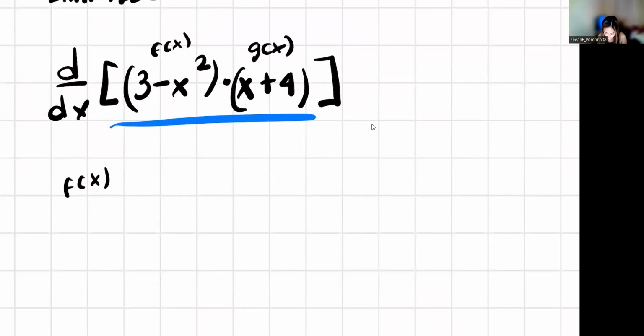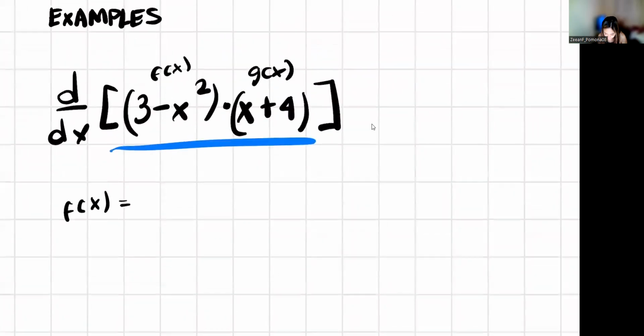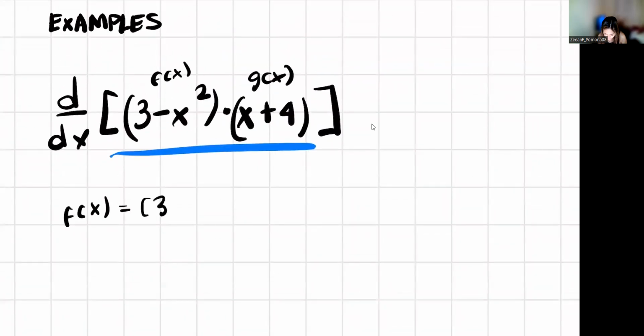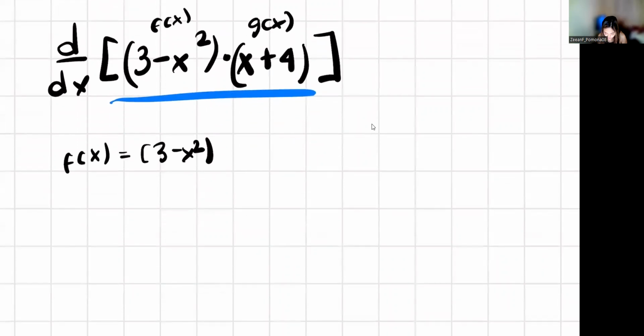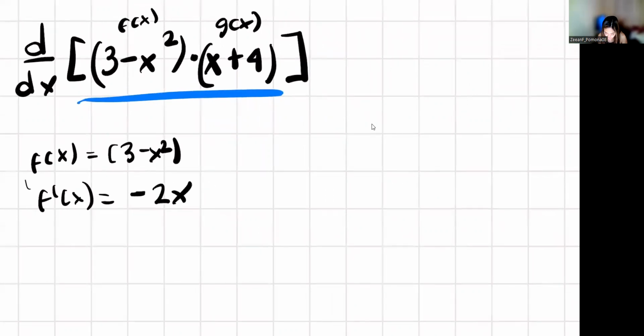Okay, so you'd find f of x, and that would be 3 minus x squared. And then f prime of x is negative 2x. And then g of x is x plus 4, and g prime of x is equal to 1.